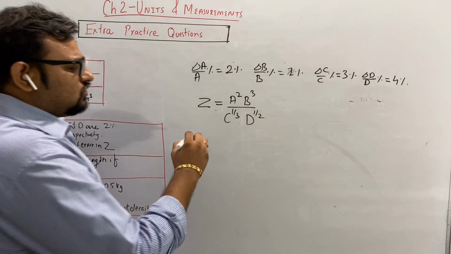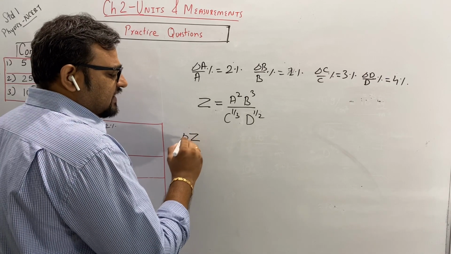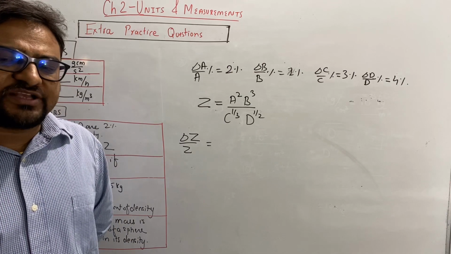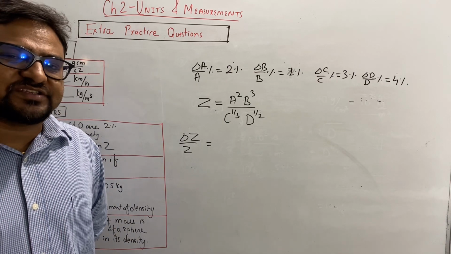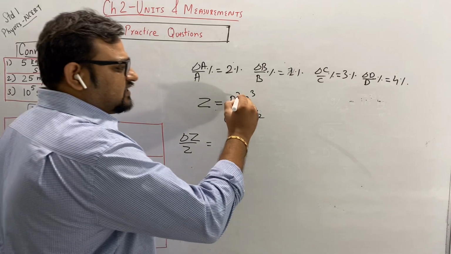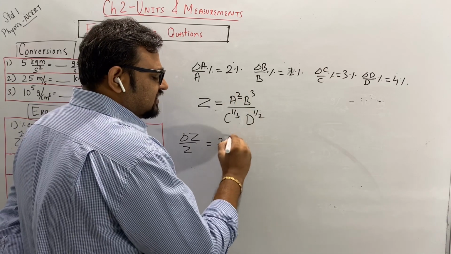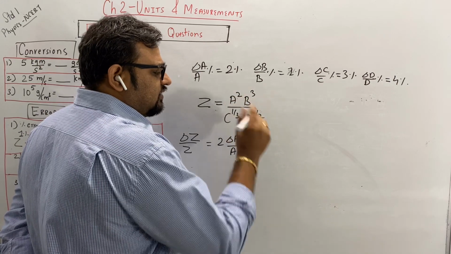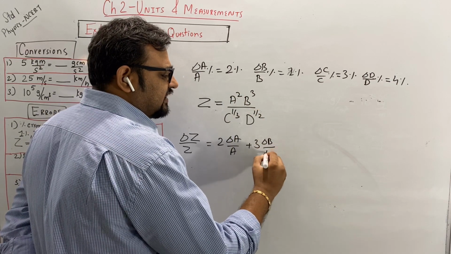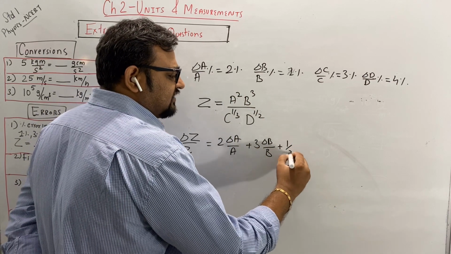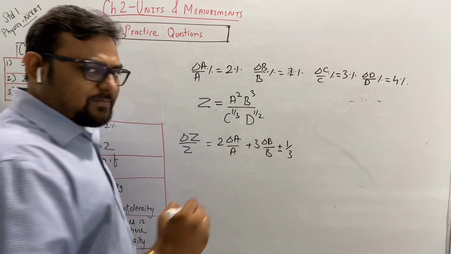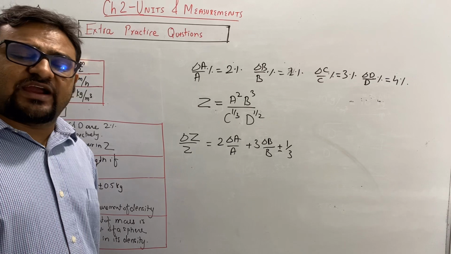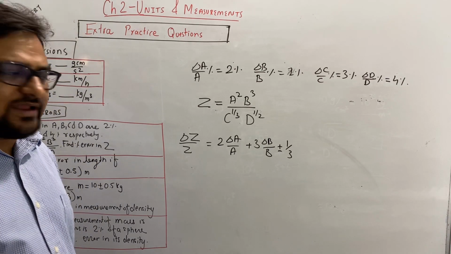So delta Z by Z. What was our formula for combination of error in multiplication, division, and power? Take the power into its relative error, delta A by A, plus power into its relative error of delta B by B, plus power. See, you always have to take plus, whether the power is positive or negative, because we are finding out the maximum possible error.